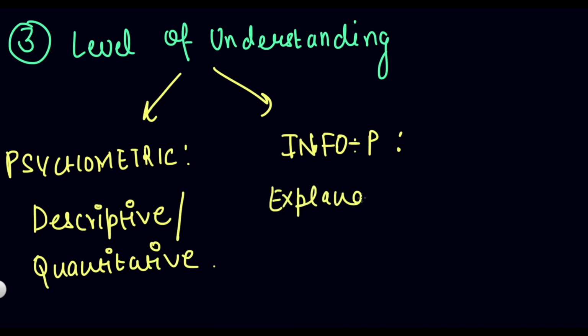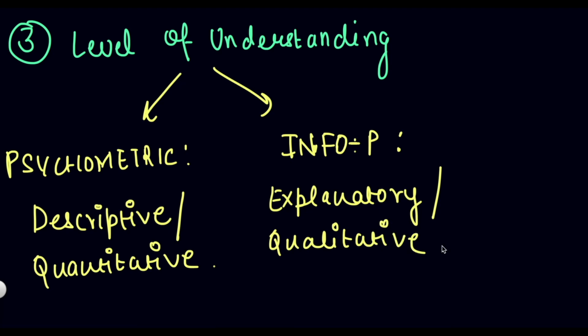Explanatory level of understanding, or rather we can even say qualitative. Again, why? Because it is answering questions of why and how. So it's diving into more details: okay, we have these abilities, and these abilities have been established with the help of all the theories falling under the psychometric approach. But how are these abilities going to help us, right? That is what the information processing approach is going to deal with.